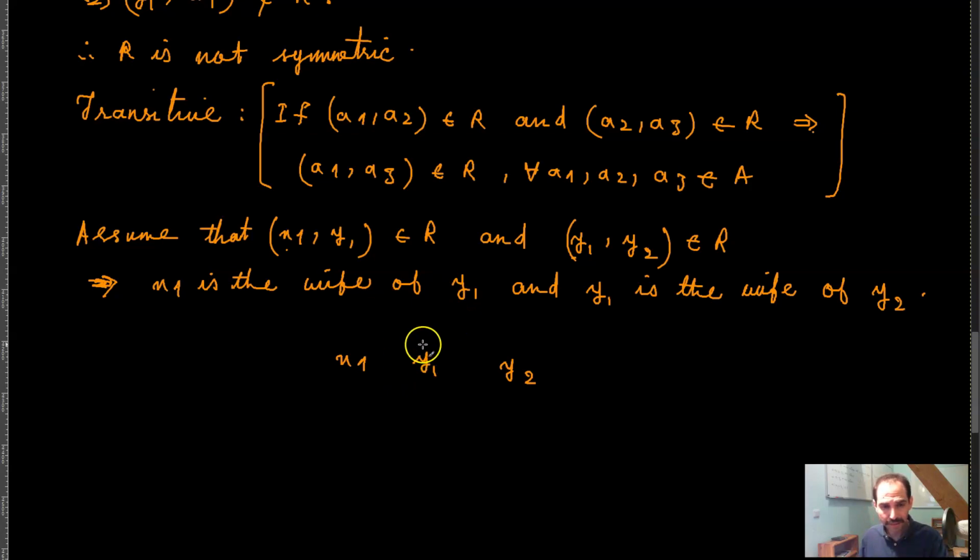That means y1 is a man and x1 is the wife of this man, and y1 is supposed to be again the wife of y2, which is not possible.